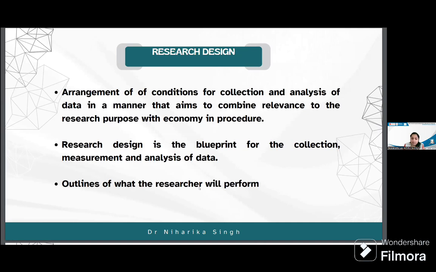This is actually an outline of what a researcher does or a researcher will perform in their whole journey of research. This is an arrangement of conditions for collection, analysis, measurement, everything that one pertains to do in their journey to pursue research in their outcome for the data.